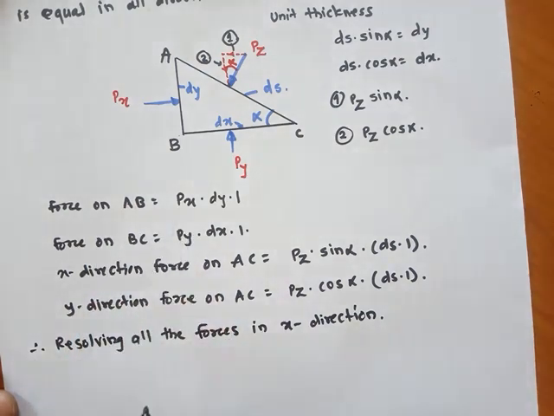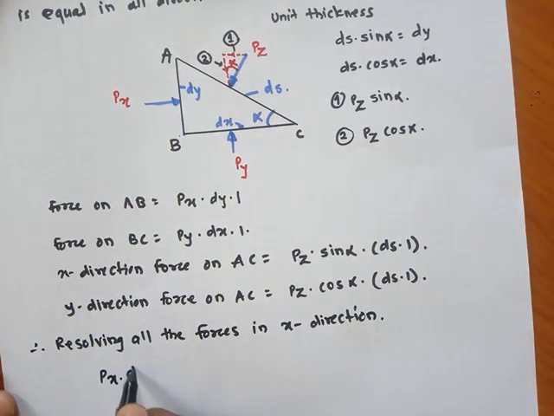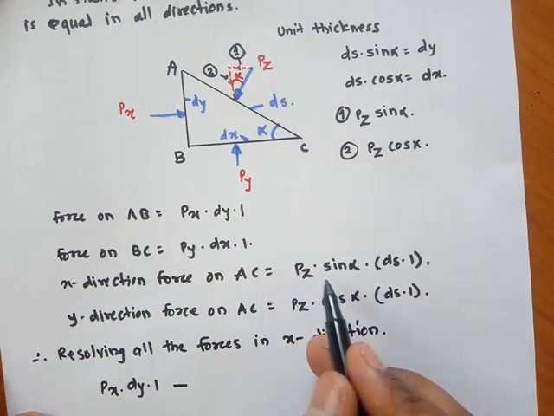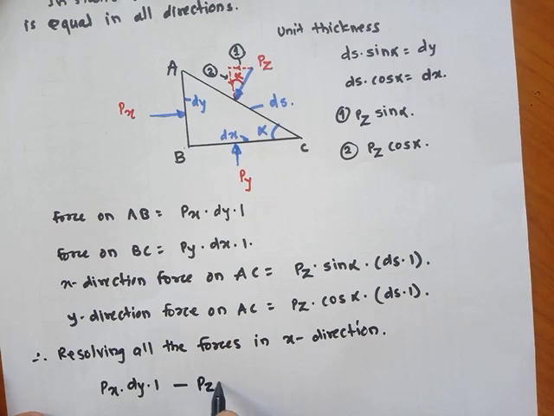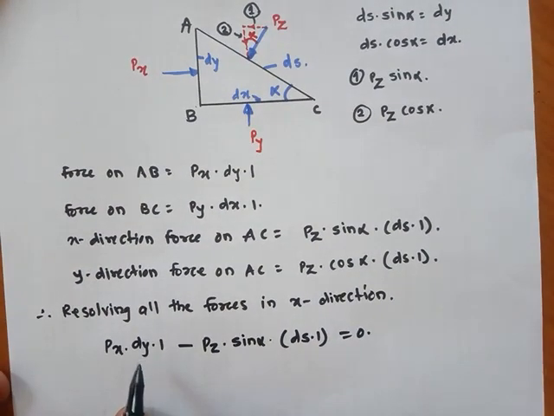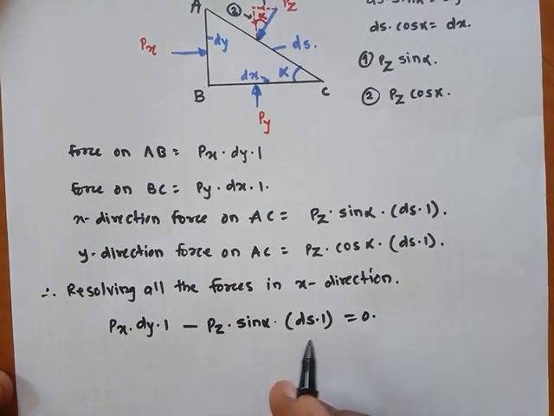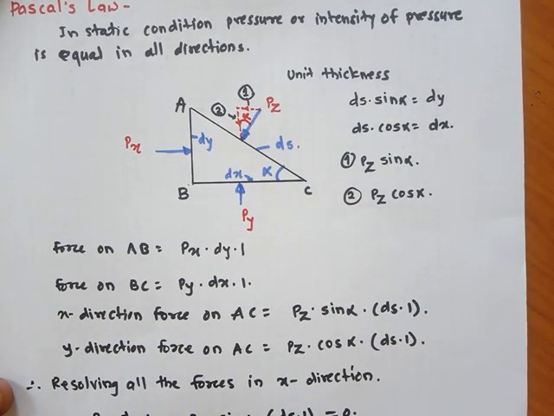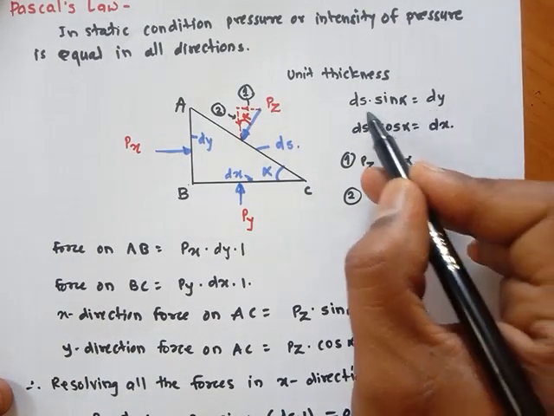First we see the AB force: Px into dy into 1 in positive x direction, minus, since this Pz component is in negative x direction, Pz into sin alpha into ds into 1, is equal to 0. We remove the unity, and according to trigonometry dy is equal to ds sin alpha.